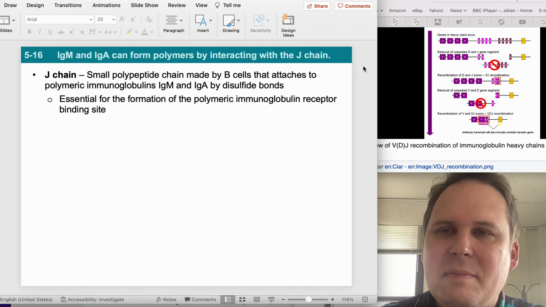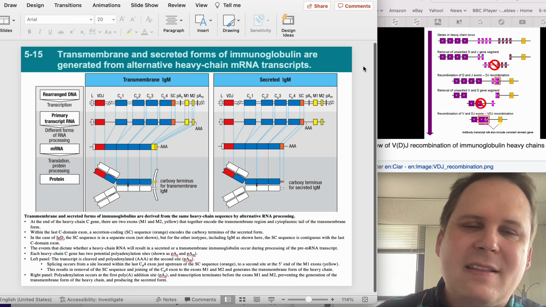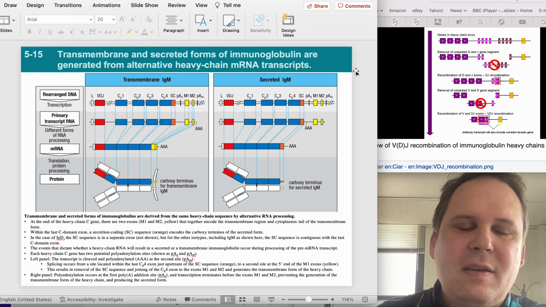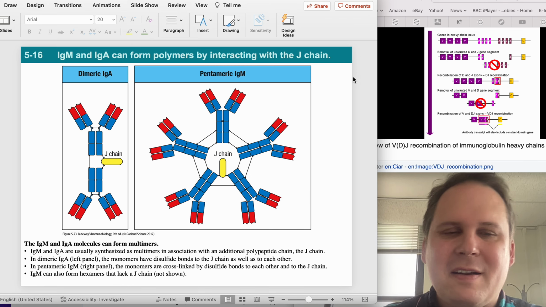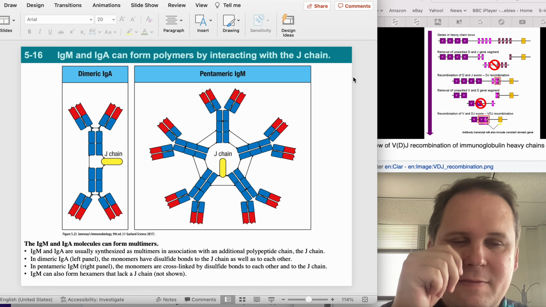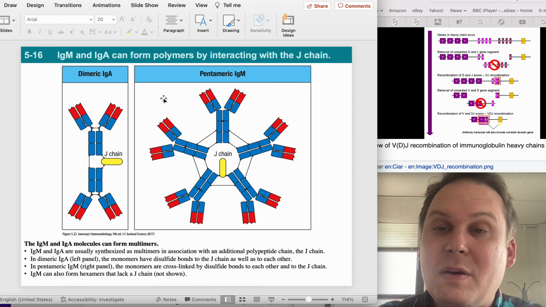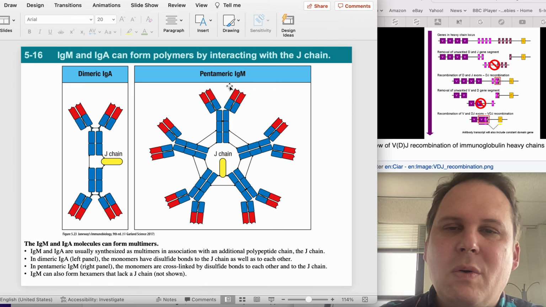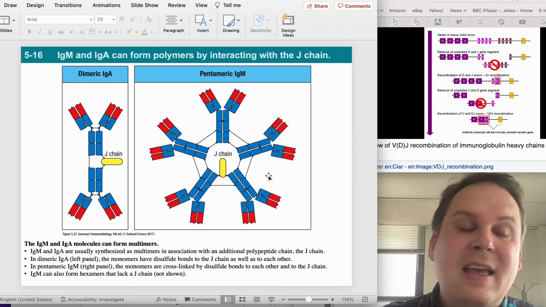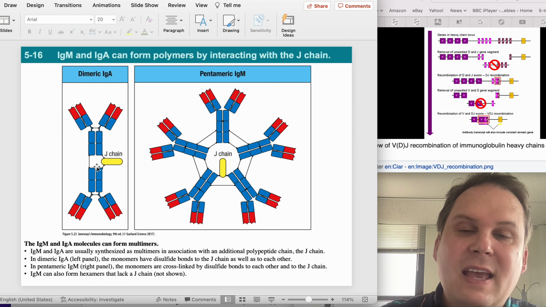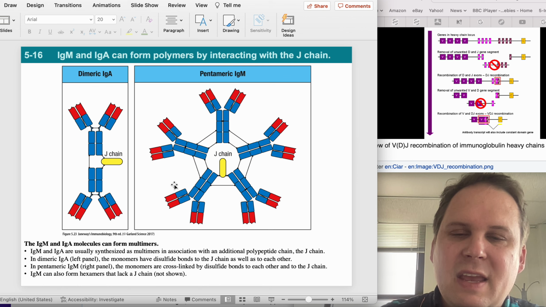I think that's about it. Oh yeah, the last thing. Remember, you get some antibodies that are just one set of two heavy chains and two light chains. You get other antibodies that are two of those, like the secretory IgA molecule, or the pentameric IgM molecule with 5 of these there. The thing that joins them together is an extra little chain called the J chain.